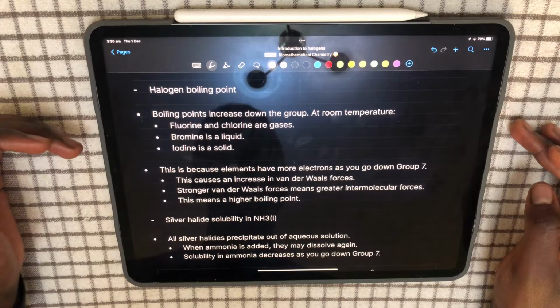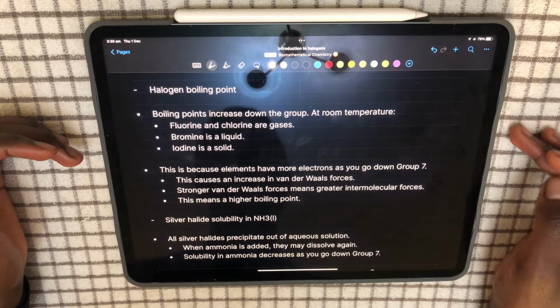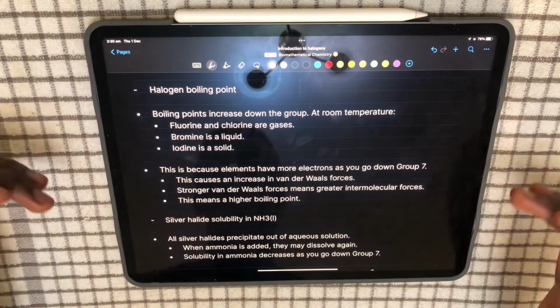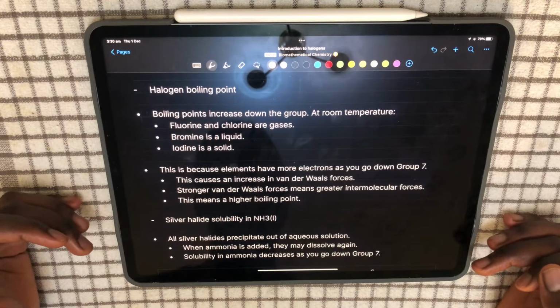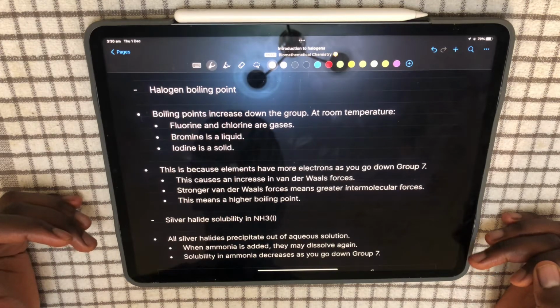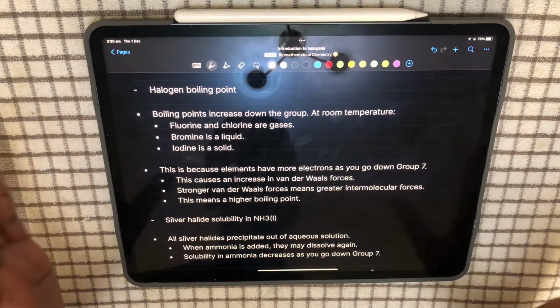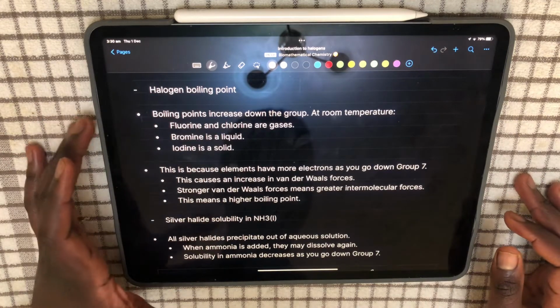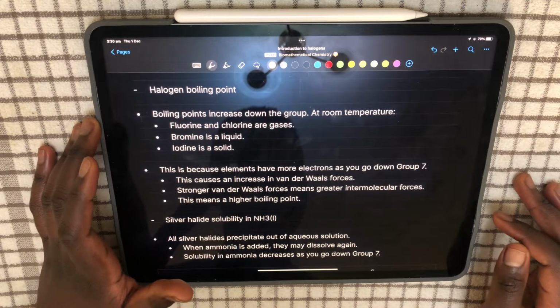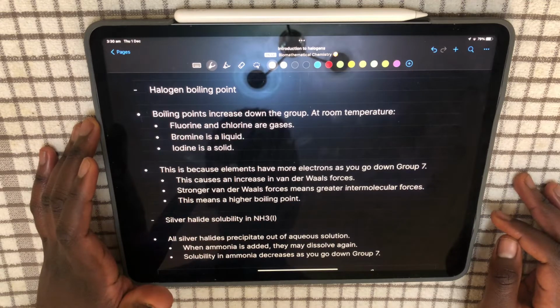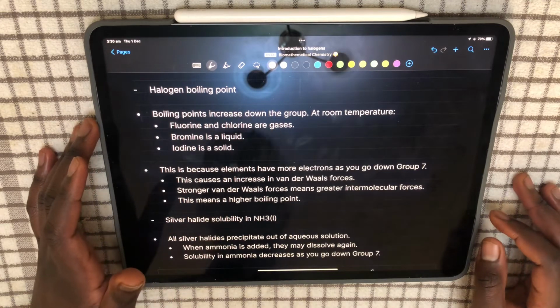Fluorine would have the weakest because it has the fewest electrons, and iodine and astatine would have the greatest because they have the most electrons in group 7, and would form the strongest van der Waals intermolecular forces, being pretty much solid.